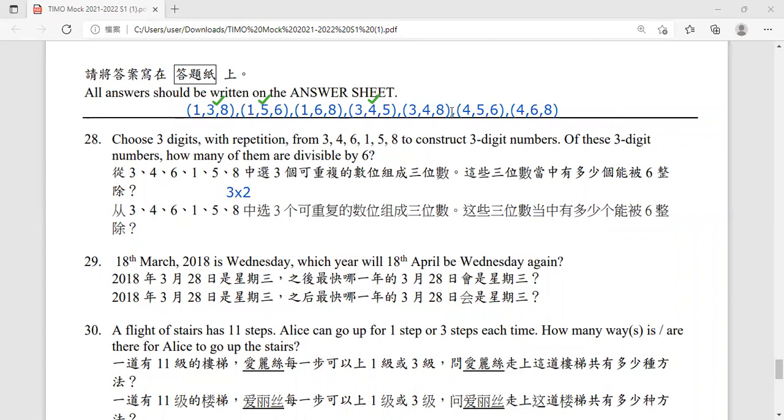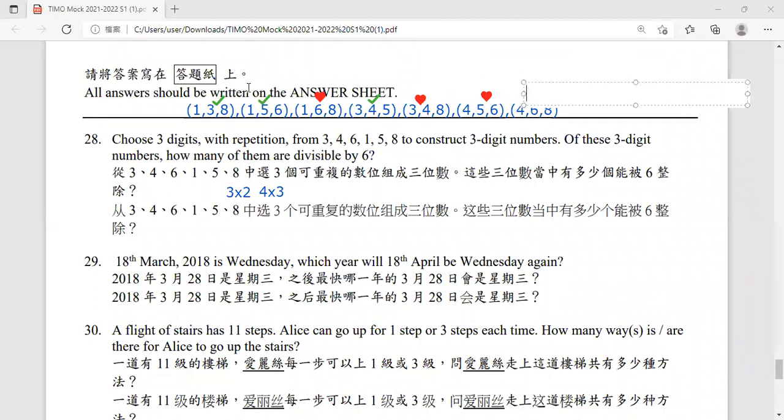And for this 1, 2, 3, I have to end with an even number. So for this 3, 1, okay, I will have 4. I have only 4 combos, 4 times 3, okay? And for this one, anything we will do.